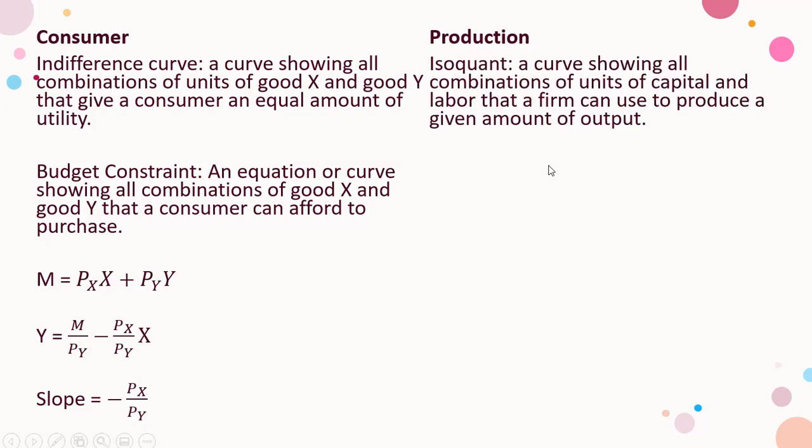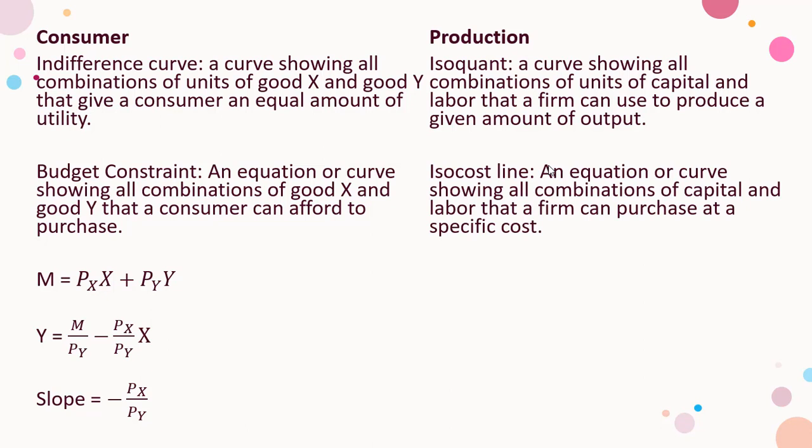Very similar things going on the production side. We have an isoquant, a curve showing all combinations of units of capital and labor that a firm can use to produce a given amount of output. And then there's this isocost line. It's an equation or curve showing all combinations of capital and labor that a firm can purchase at a specific cost.